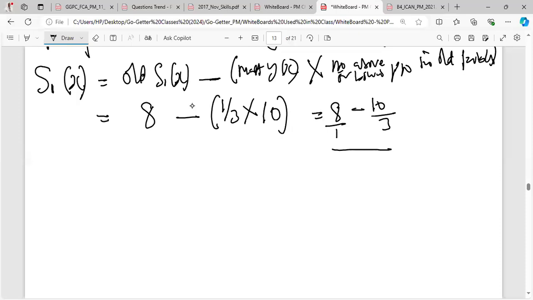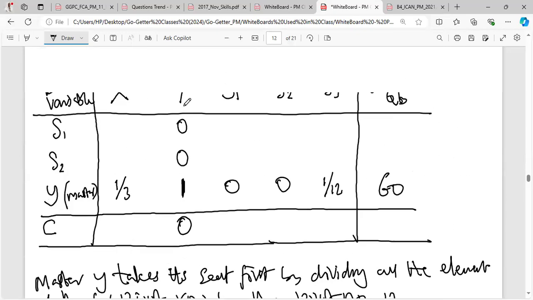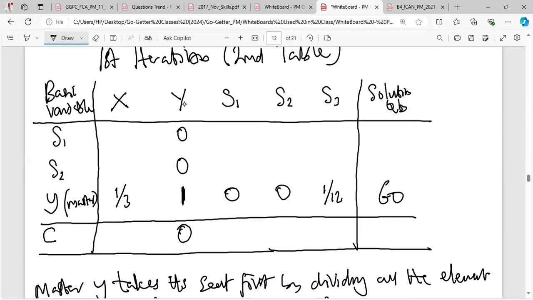LCM here is 3. 1 times 3 is 3, 3 times 8 is 24. 3 into 3 is 1, 1 times 10 is 10. So we have 24 minus 10, which is 14 over 3. Let's leave it that way. 14 over 3 will be your value here.